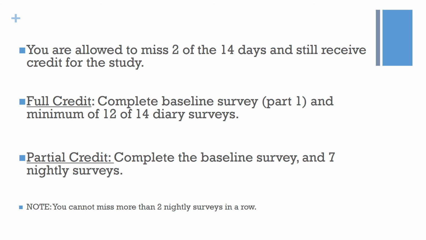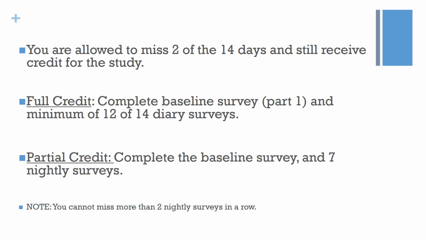While we would like you to complete all 14 days of the survey, we understand that schedules can be hectic at times. You are allowed to miss only 2 of the 14 days to still receive full credit. That is, to get full credit, you must complete the baseline survey and a minimum of 12 of the 14 diary surveys. However, you are able to get partial credit. To get partial credit, you must complete the baseline survey and a minimum of 7 diary surveys.